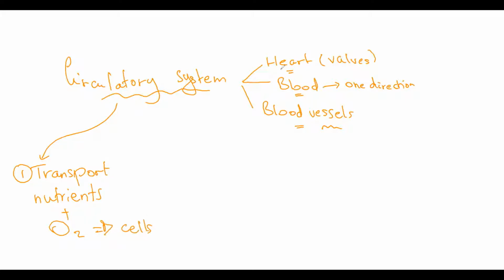What else? This circulatory system is going to transport, again, waste materials, wastes of metabolism. This is to the cell, and here from the cell.